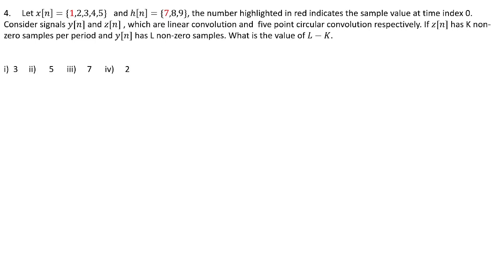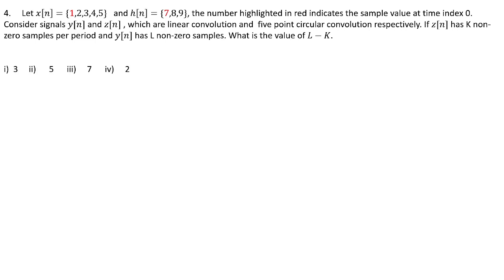We are asked to consider two new sequences yn and zn, where yn is the linear convolution of xn and hn, and zn is the 5-point circular convolution of xn and hn. If zn has k non-zero samples per period and yn has l non-zero samples, what is the value of l minus k?